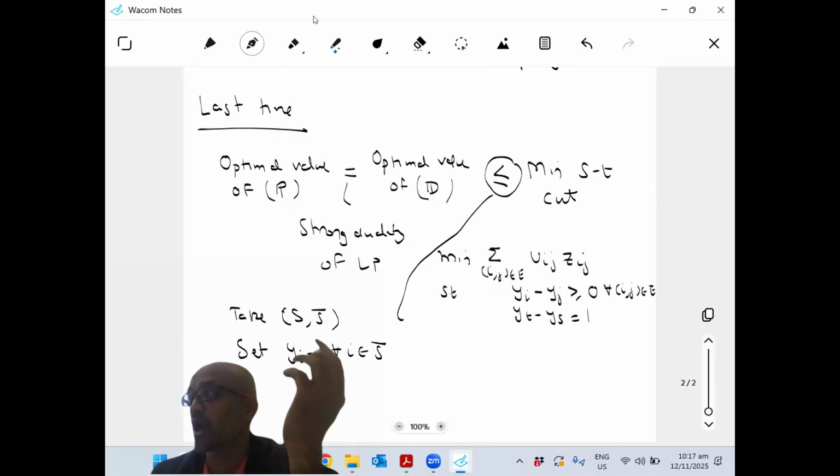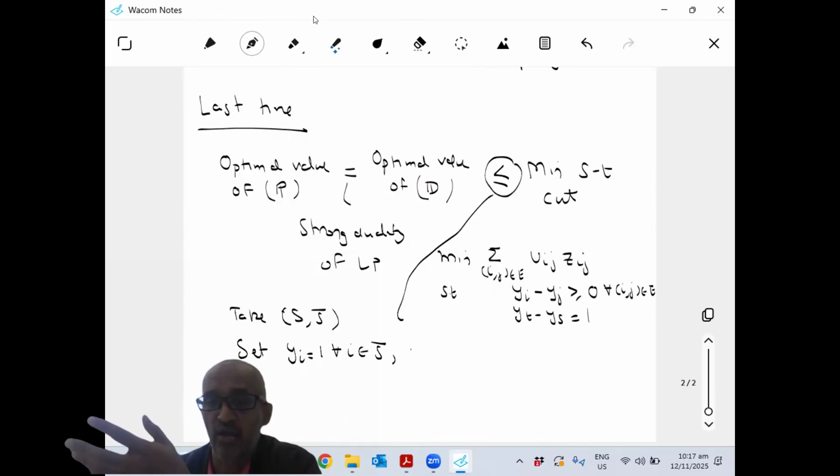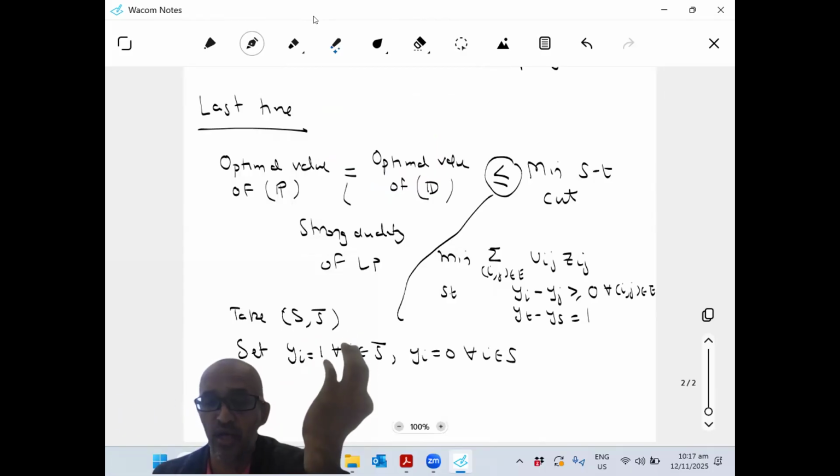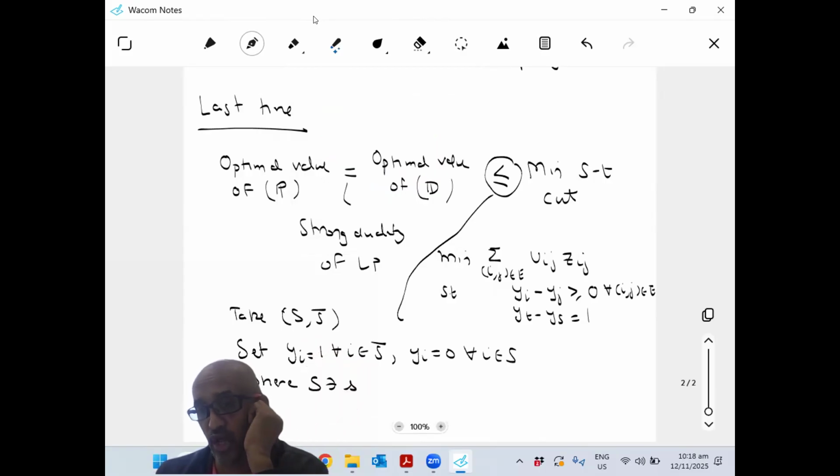Set y_i to be 1 for every node in the set S bar, and y_i to be 0 for every node in the set S. Of course, an ST cut means the set S has to contain the node small s, and the set S bar has to contain the node small t. So clearly y_t will be 1, y_s will be 0.